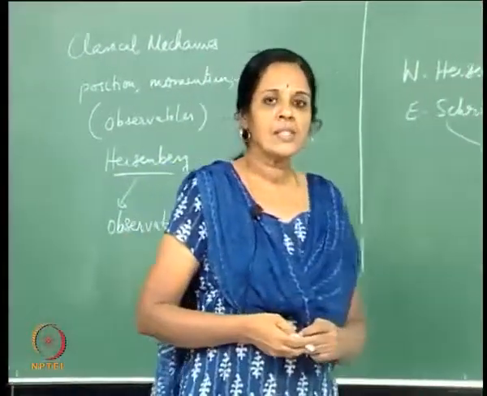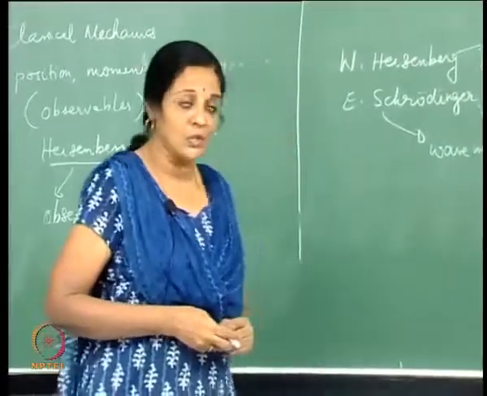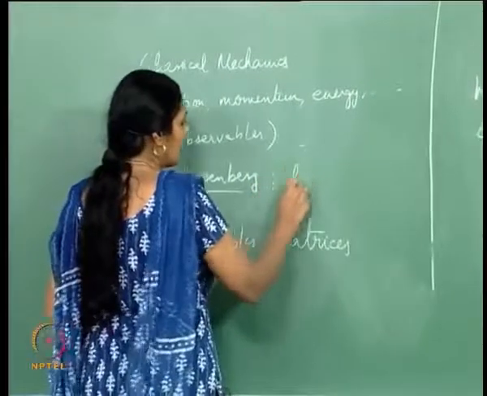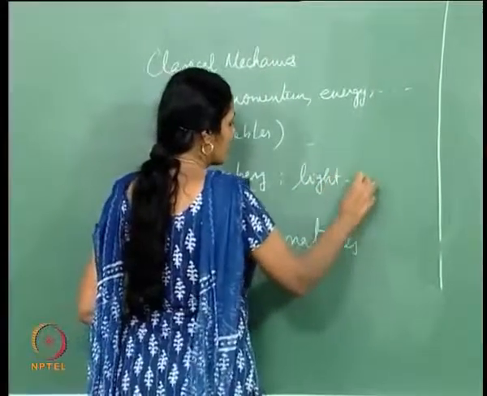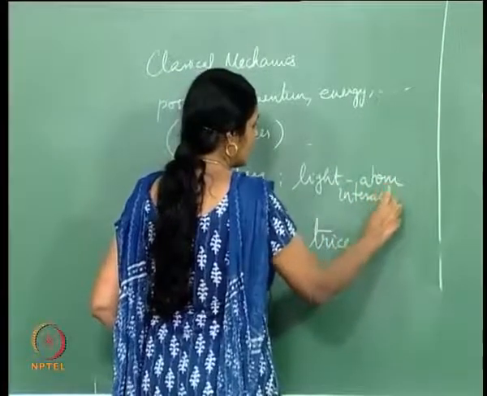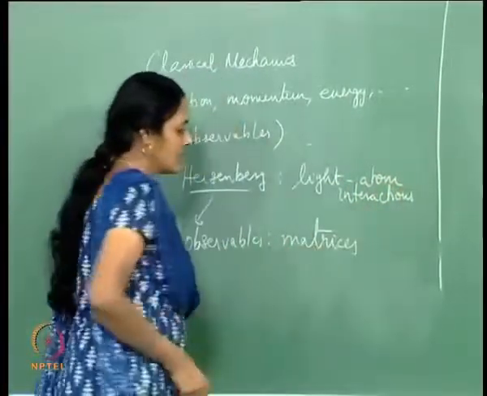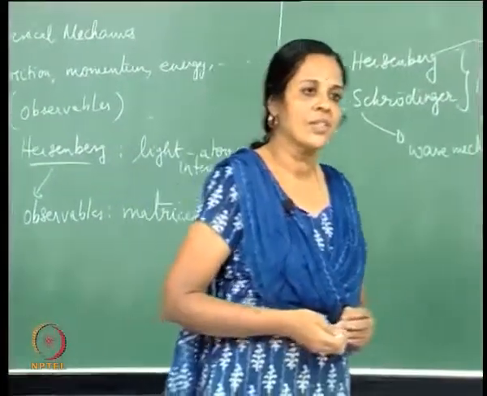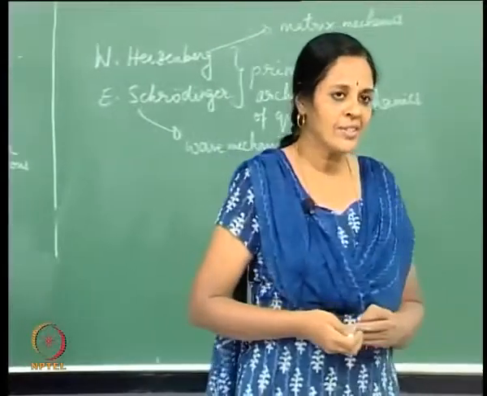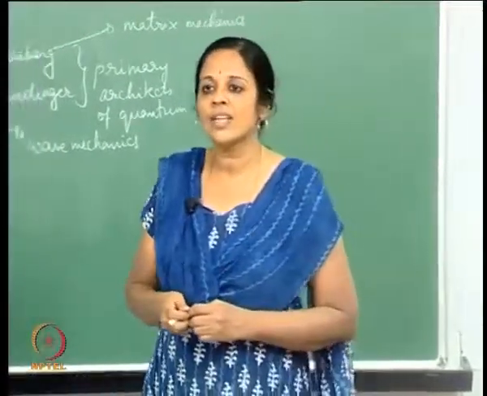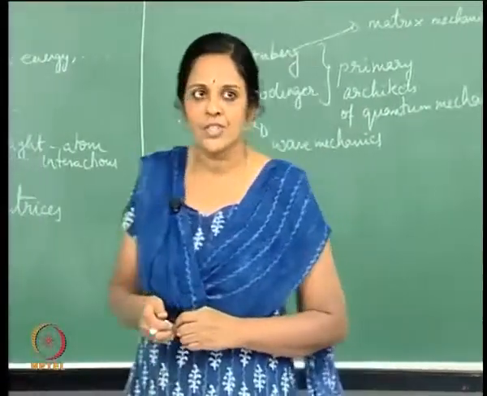Matrix mechanics itself came about because of the inspiration that Heisenberg drew from light atom interactions. Because there are atomic transitions that result due to interaction of the atom with light, and parameters pertaining to these atomic transitions which can be measured.